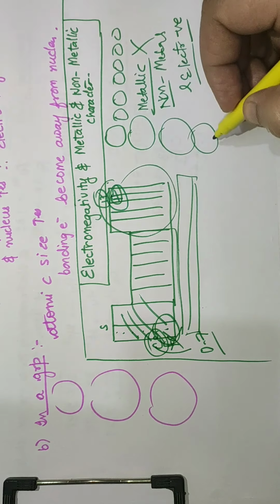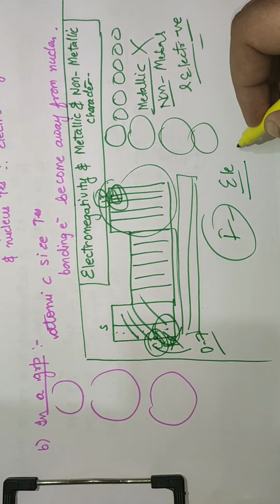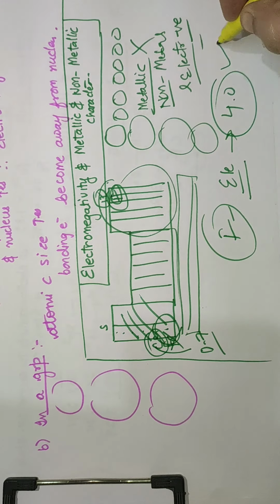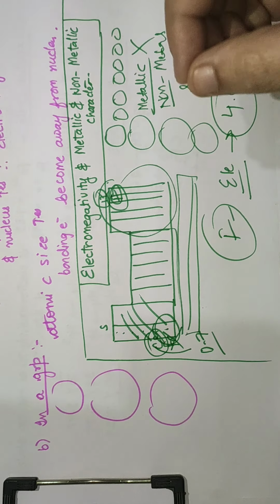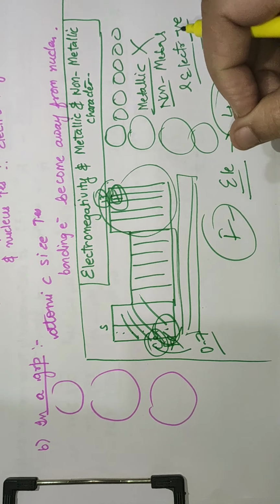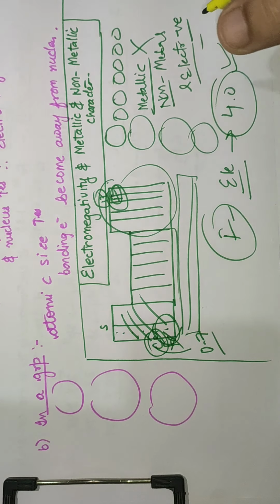So fluorine is the most electronegative element with a Pauling value of 4. This means it has the most tendency to gain. The hunger of this element is greater. It has more tendency to attract the shared pair of electrons toward itself.